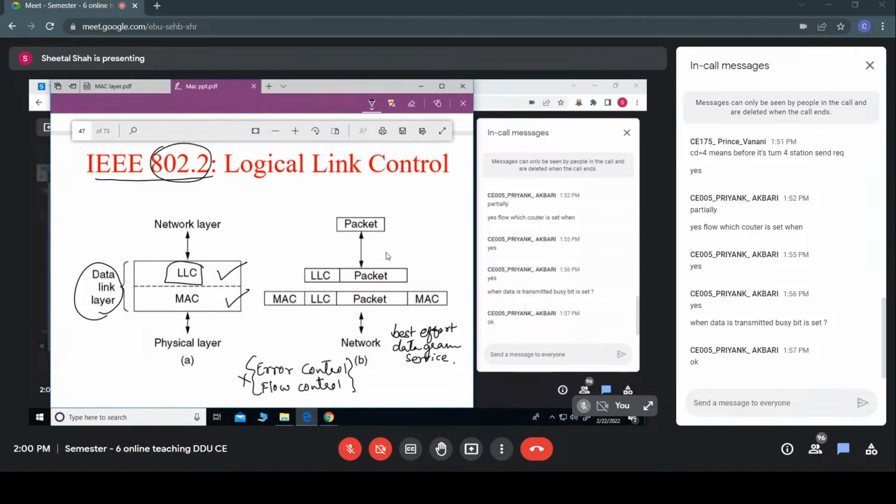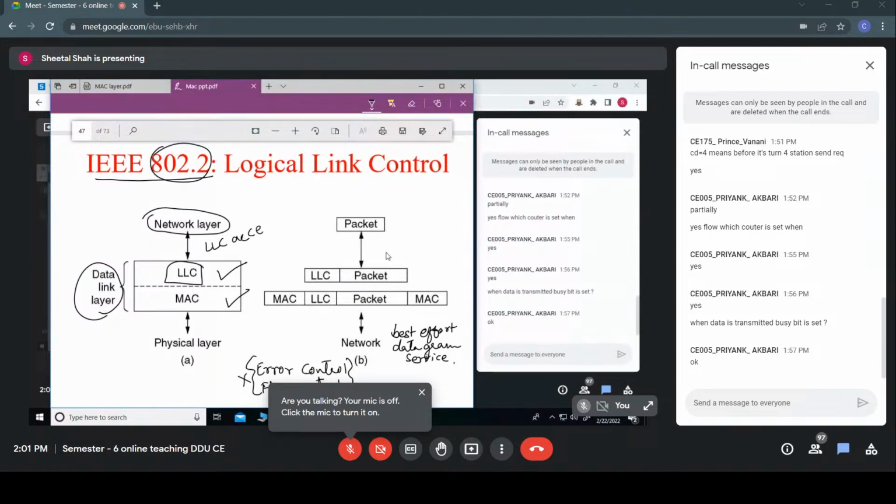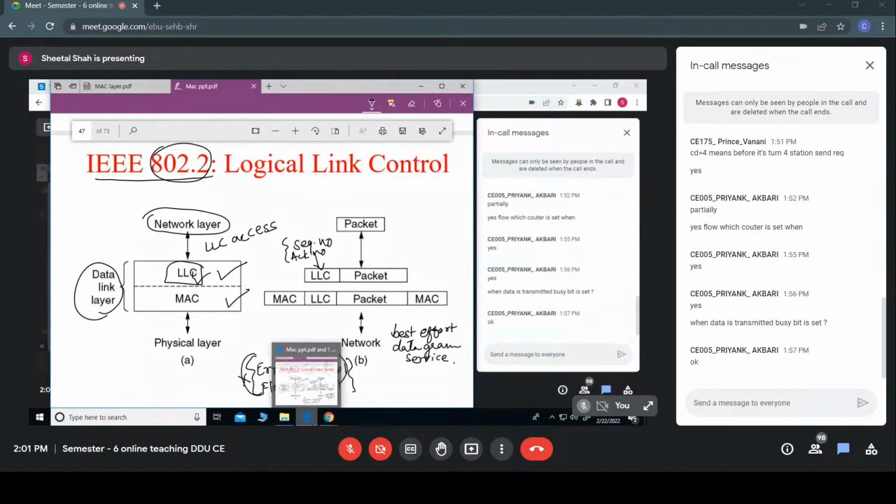The packet sent by the network layer on the sender side, through the LLC access primitive, is provided to the logical link control sublayer. This LLC sublayer adds its own header, and this header contains the sequence number as well as the acknowledgement number. By using this, it tries to follow error control and flow control.